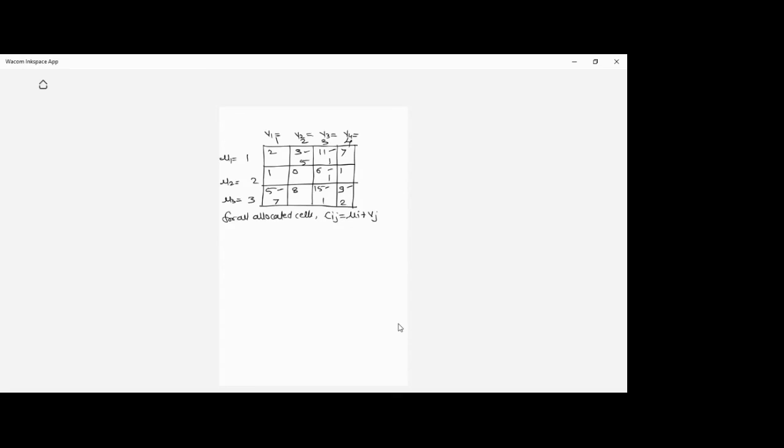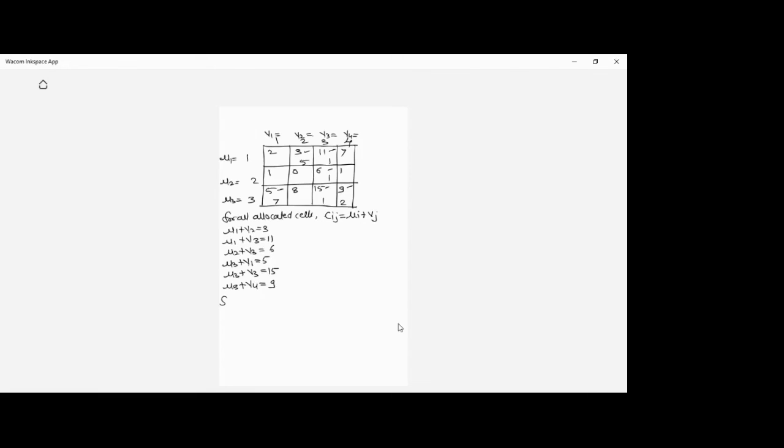This and this are the allocated cells. So you will be writing U1 plus V2 is equal to 3, U1 plus V3 is equal to 11, U2 plus V3 is equal to 6, right? U3 plus V1 is equal to 5, U3 plus V3 is equal to 15, and lastly we have U3 plus V4 is equal to 9.